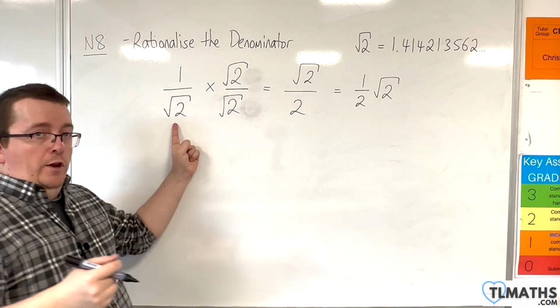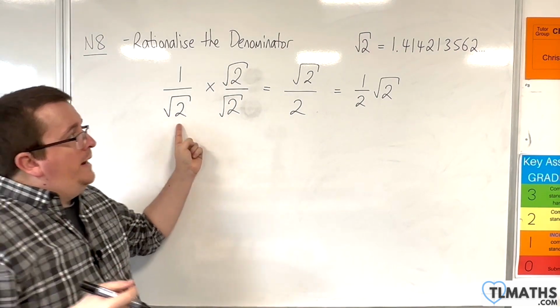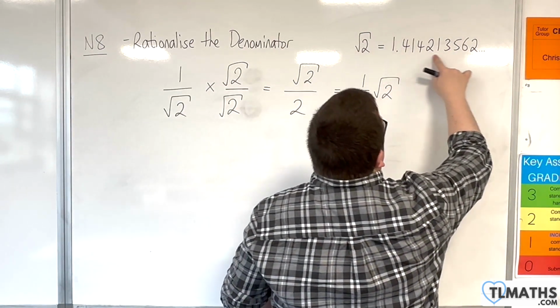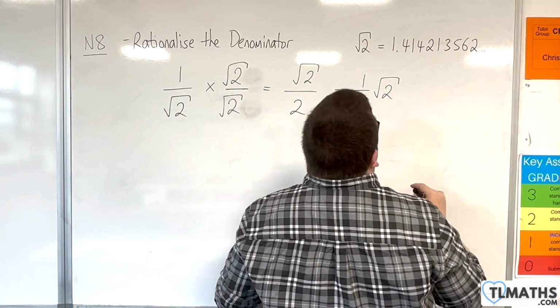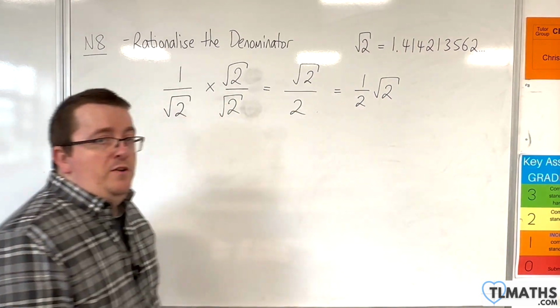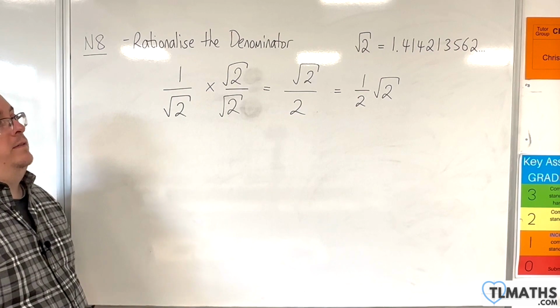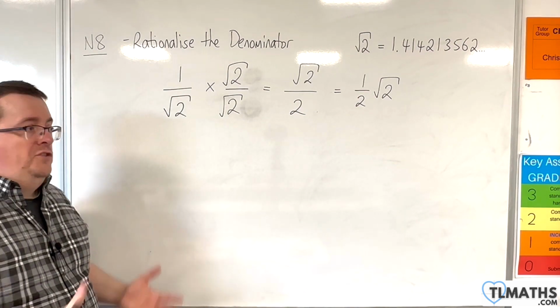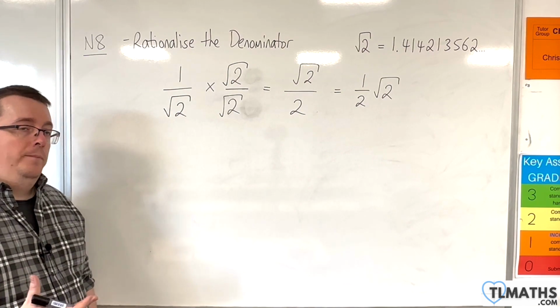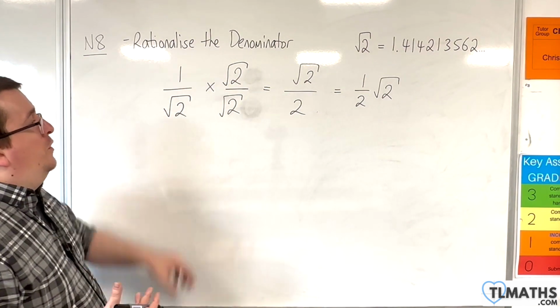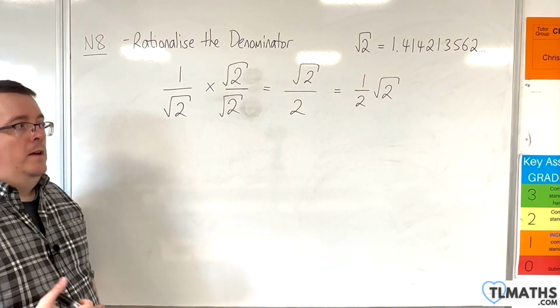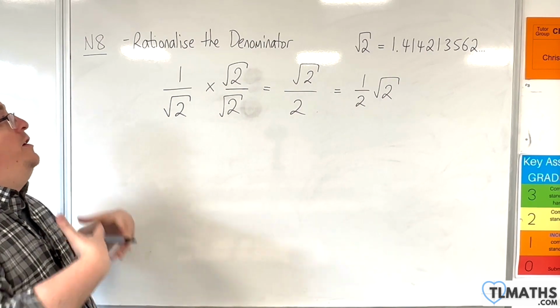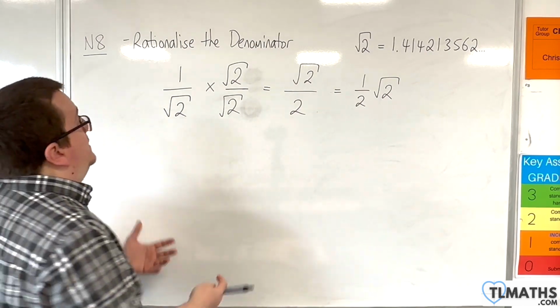So actually 1 over root 2 is the same as dividing this by 2, or multiplying it by 0.5, whichever you prefer. And I can do that very easily, to whatever degree of accuracy you want, whereas the division was much harder. So this is the idea behind rationalizing the denominator.